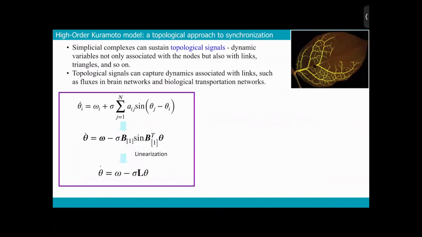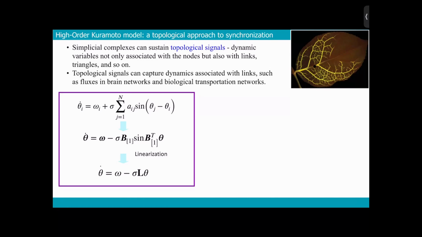I wanted to recall these properties, even though we already mentioned them in the previous talks, because they are going to be important to understand what happens when we use this formalism to expand the pairwise Kuramoto model to a higher order version placed on the edges of a simplicial complex.